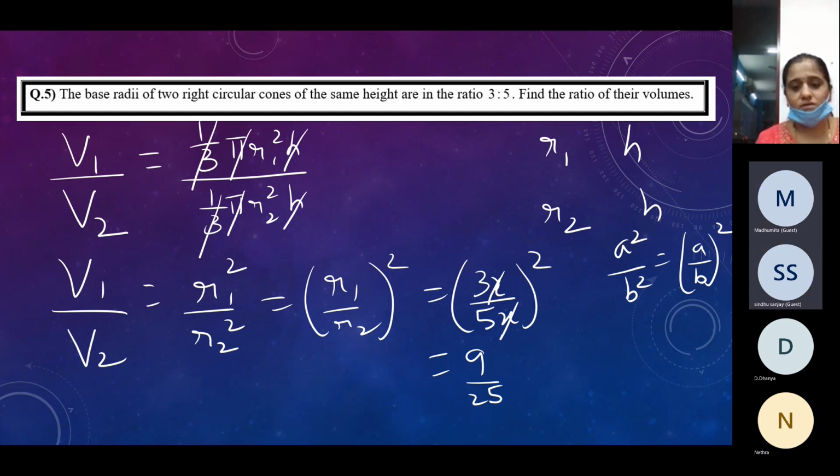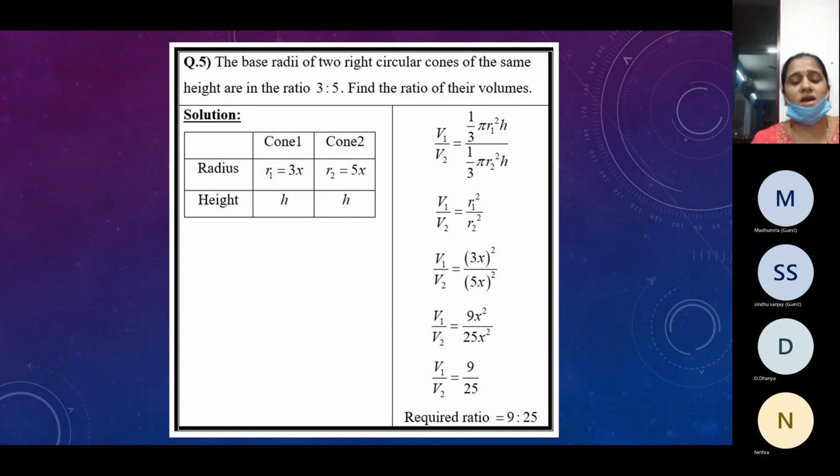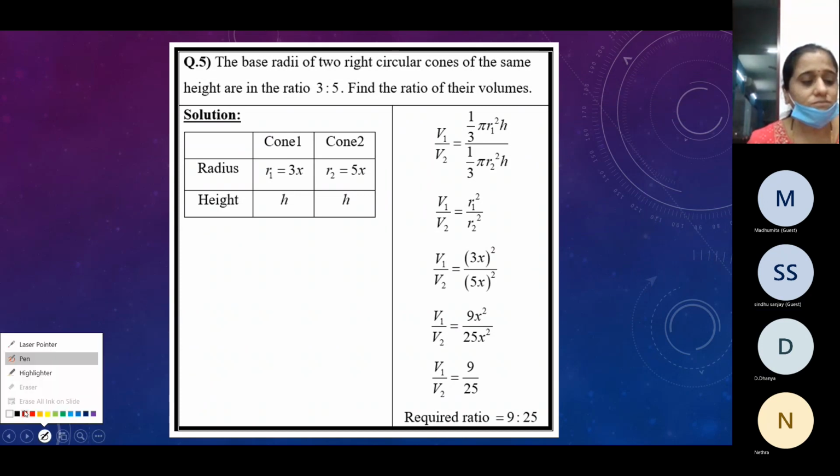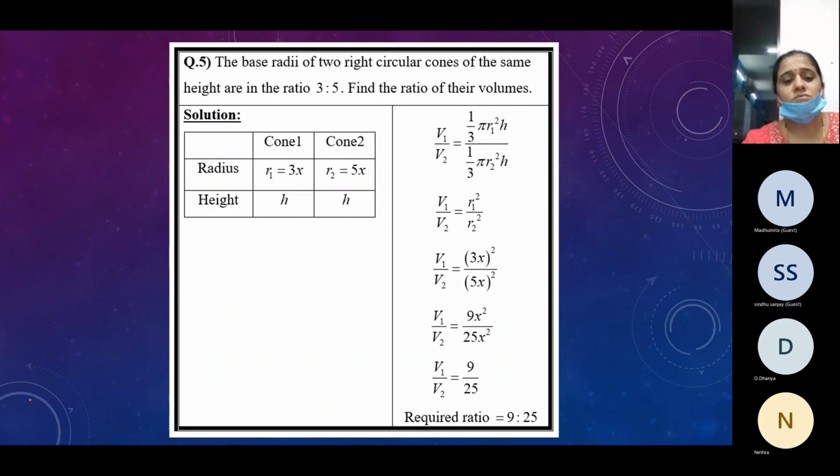Yes, that's what I've written here. You can see it gets cancelled, so R1 square by R2 square. You can also do it like this, both are correct. 3x the whole square by 5x the whole square, 9x square by 25x square. So x square and x square get cancelled, 9 by 25.